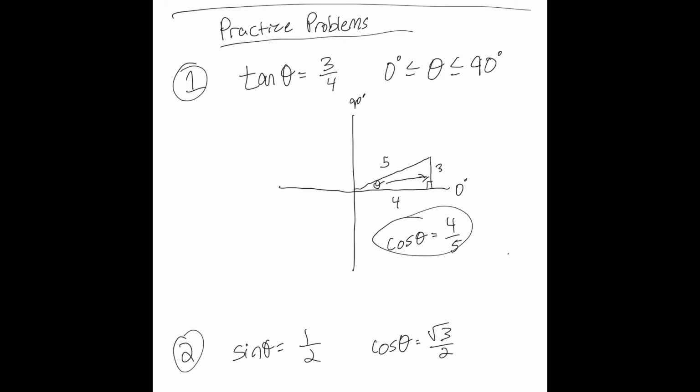Okay, number 2 tells us sine theta is 1/2. Cosine theta is root 3 over 2. Cosecant theta is what it wants. Cosecant is just sine flipped over. They give us sine as 1/2, so cosecant would be 2 over 1, or just 2.